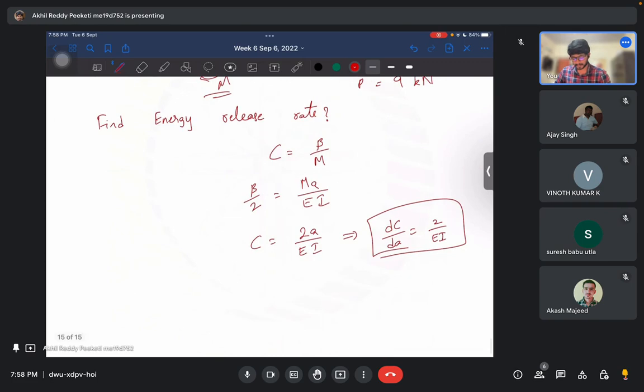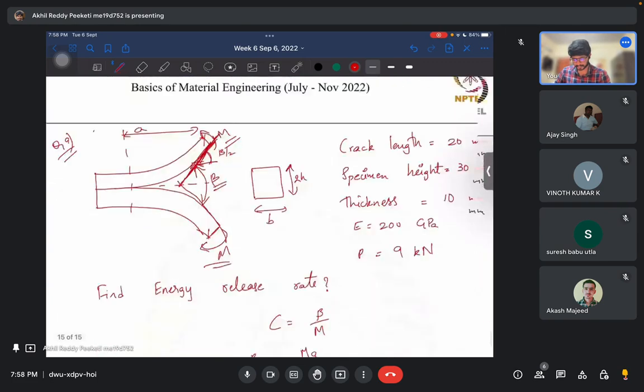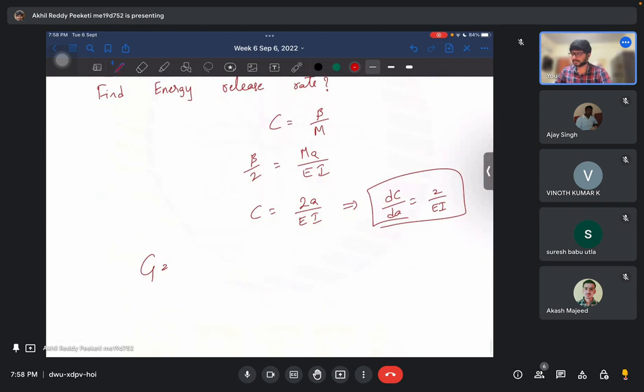Okay. Now similar to before, energy release rate in terms of moment would come out to be M square by 2B into 2 by EI. So M square by B EI.